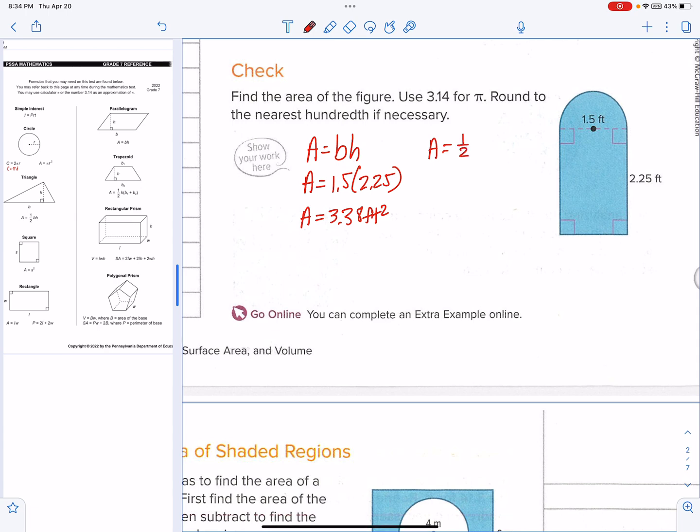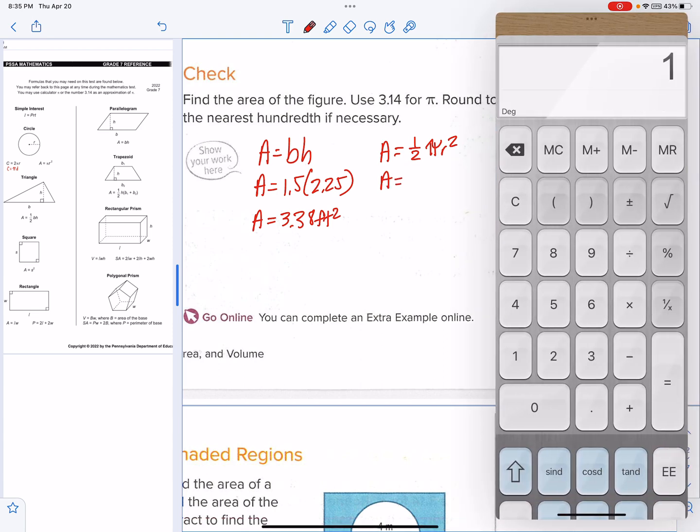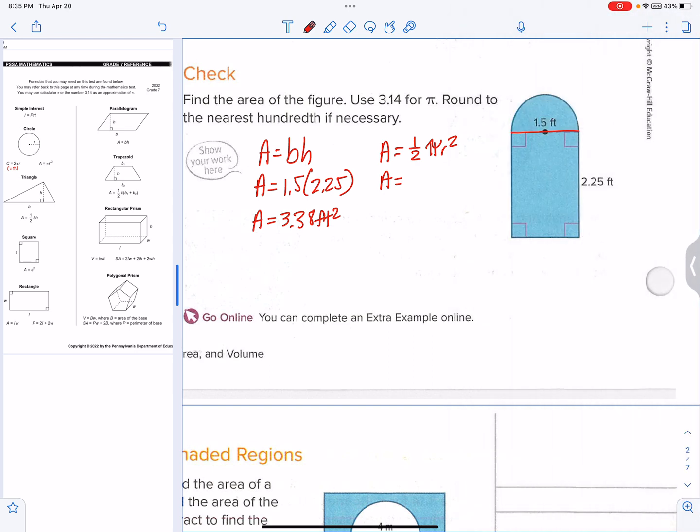Okay, so we have half pi r squared. Okay, I know this entire diameter, so we're not putting diameter in for r, we're putting the radius. Okay, so make sure you plug in half of that. So 1.5 divided by 2, the radius is only 0.75 from here to here. Okay, so you just got to be careful about stuff like that.